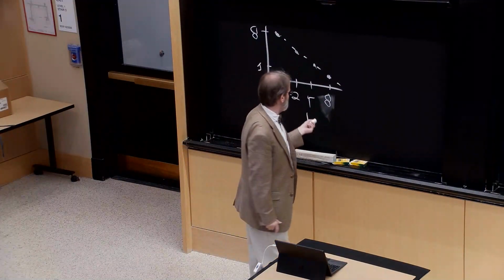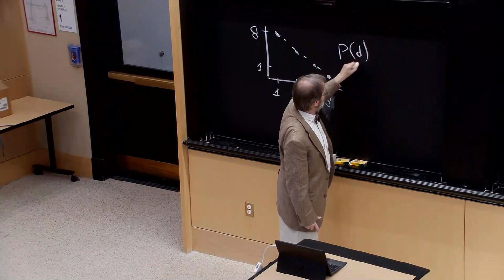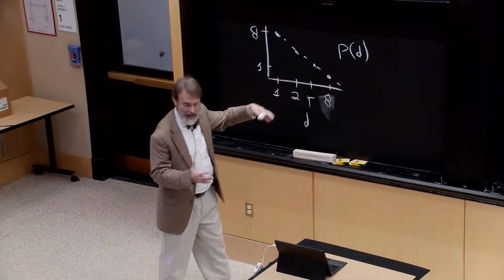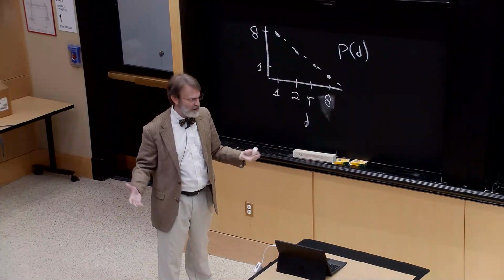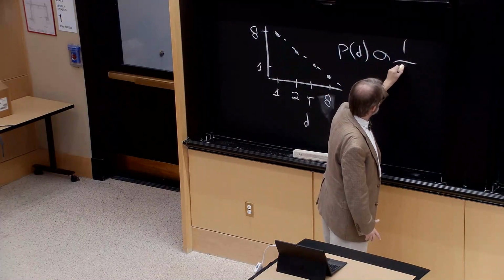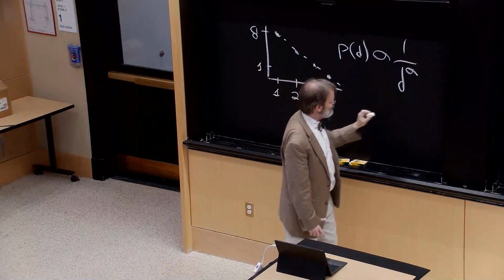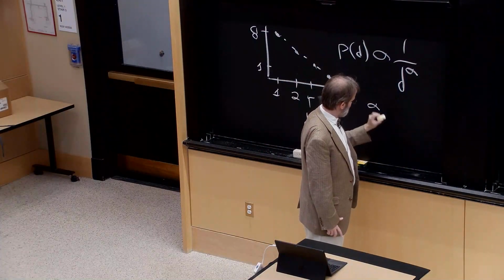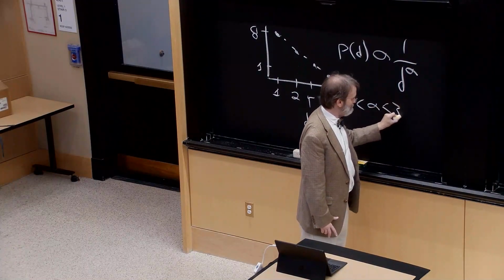And we can look at the probability of a vertex having this many connections, or having a degree of this value. And it often is proportional to 1 over d to the alpha, where alpha is typically between 1 and, say, 3.